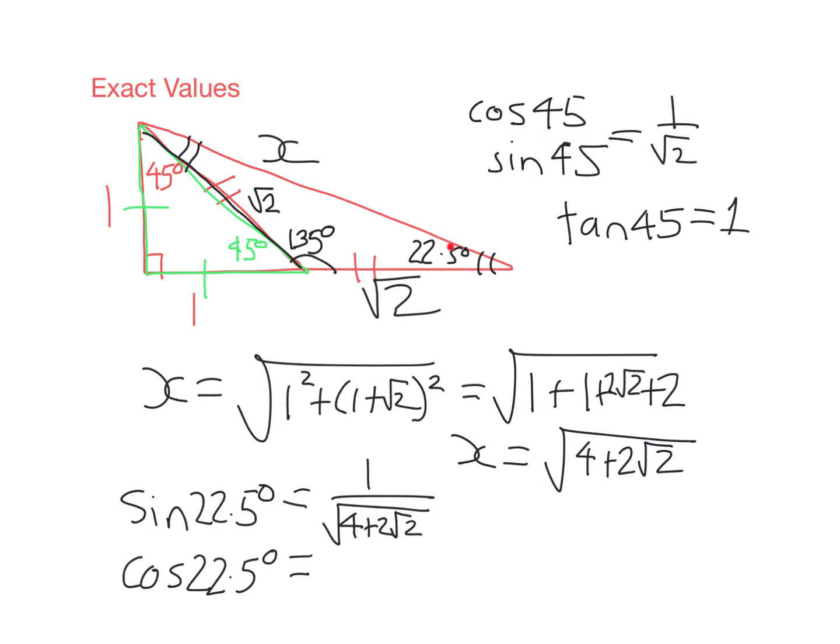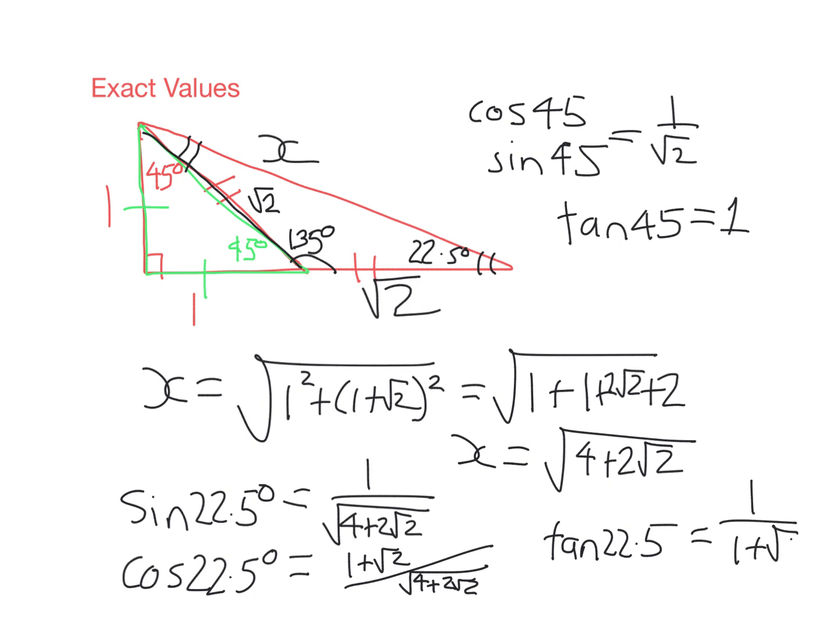Cos is adjacent over hypotenuse. The adjacent side is 1 plus root 2 over the hypotenuse, which we figured out was the square root of 4 plus 2 root 2. That's the exact value of cos 22.5. What about tan 22.5? Well, tan of an angle is opposite over adjacent. So it is simply opposite over adjacent. Once again, these could be simplified. We're not going to worry about that because we're focusing on the trigonometry rather than operations with surds.